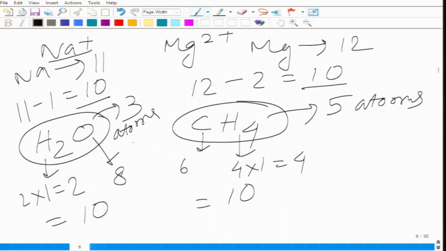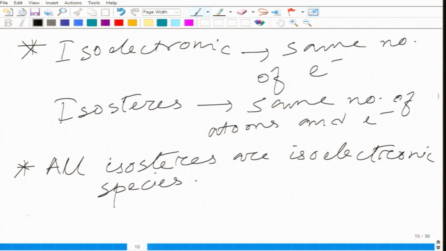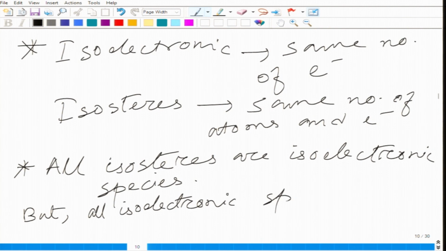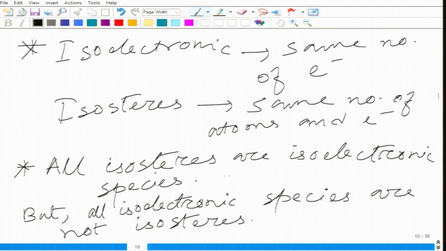So all isoelectronic species are not isosters. All isosters are isoelectronic species, but all isoelectronic species are not isosters.